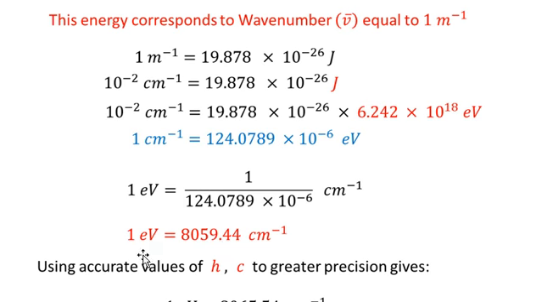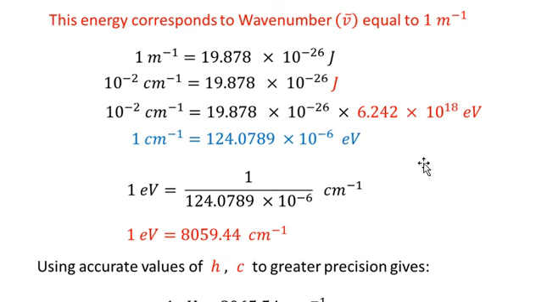So this is how you can represent energy in electron volt through this relationship to the energy in centimeter inverse. Centimeter inverse is also a unit of energy, because as I have mentioned earlier, it can be used as a unit of energy in wave numbers.